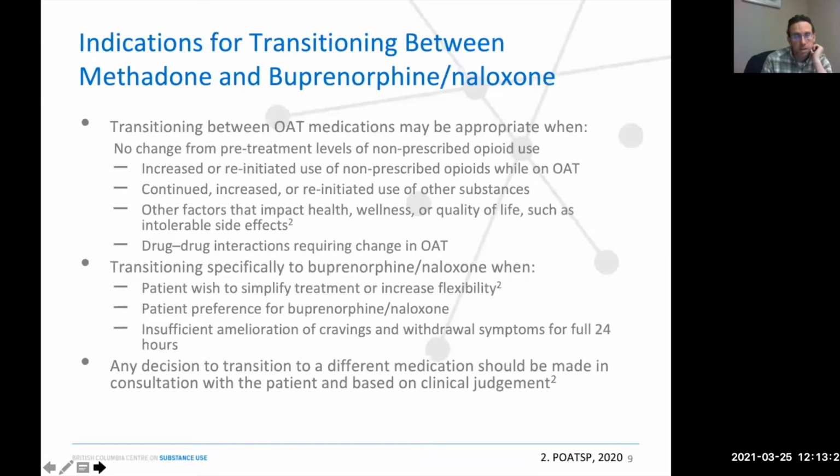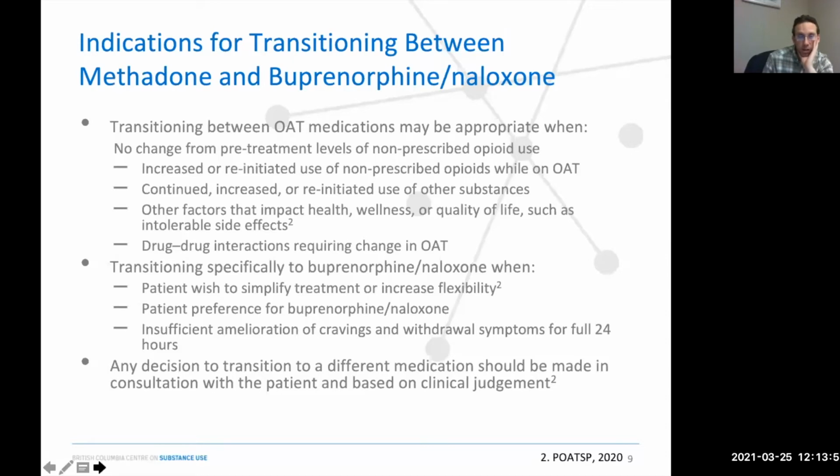Okay, next slide, please. So we're going to be talking about the indications for transition. So why would you want to transition between methadone and buprenorphine? One reason is if methadone is not effective, so people are using non-prescribed opioids, continuing or increasing their use.